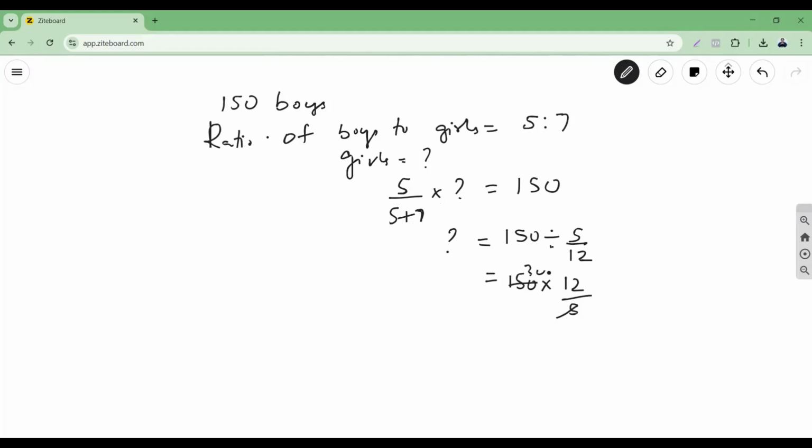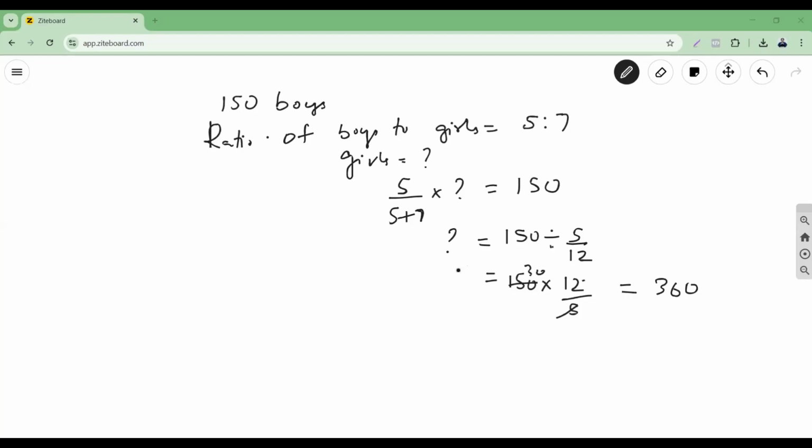That gives 360. Give me a second, have I made some mistake? Let me check. Oh, I'm right, no problem. That means the total number of students is 360.